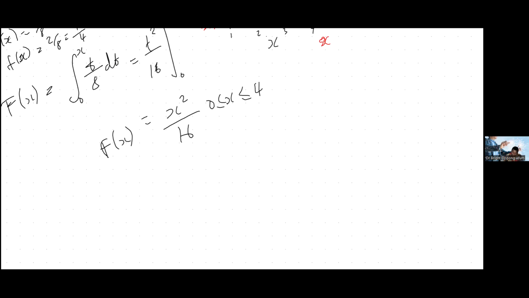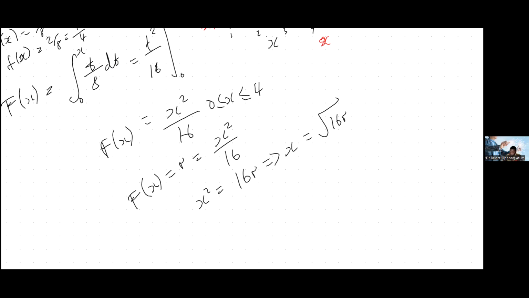So we know that the cumulative distribution is actually the random number, which is x squared on 16. So if we are to go through this, x squared is actually 16r. So x is the square root of 16r, which is actually 4 square root of r.